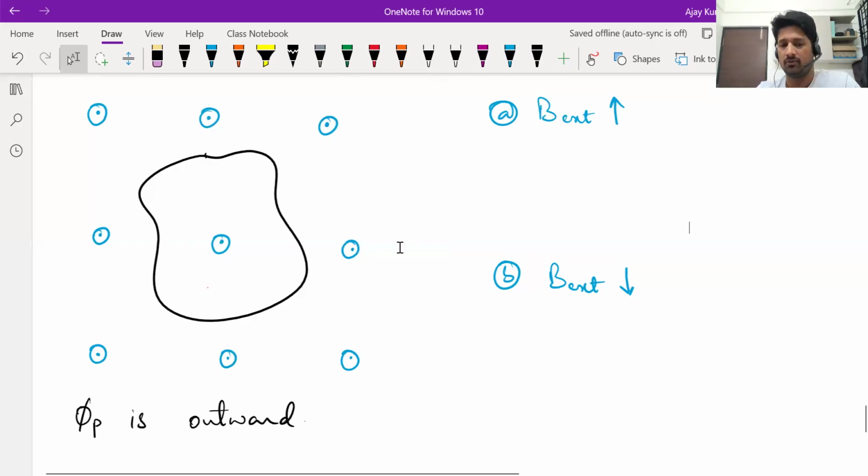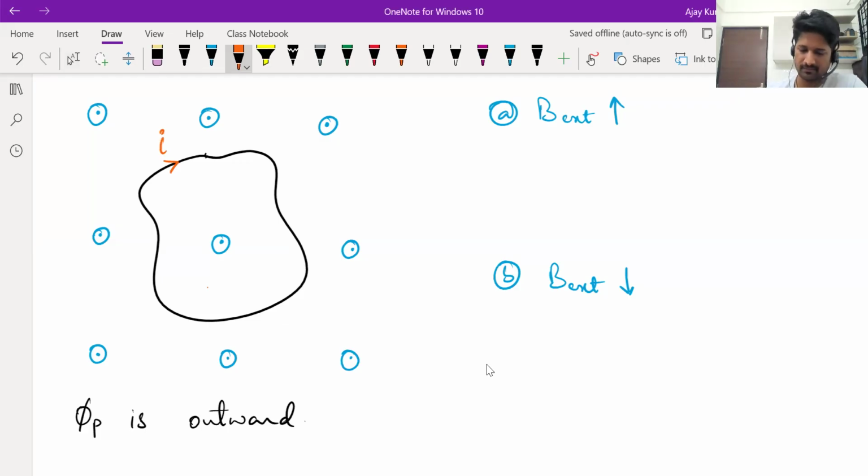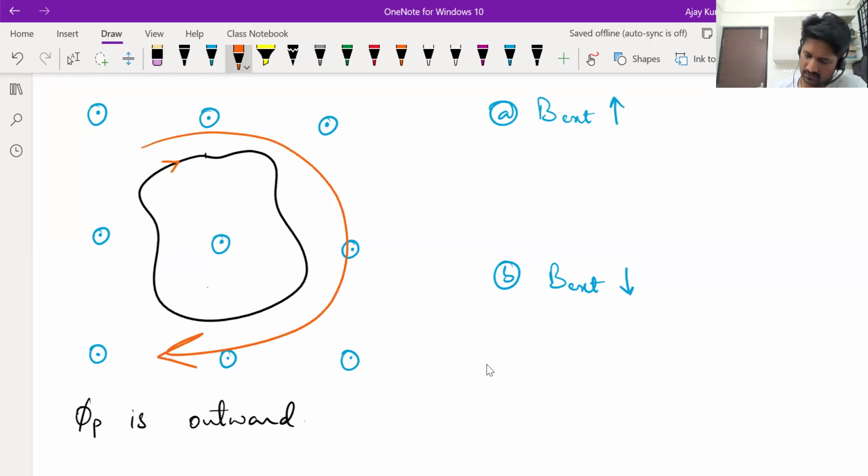So how should the current flow, clockwise or anti-clockwise? Clockwise. It has to generate an inward flux. So current should be flowing clockwise in the first case. Sir, how do you differentiate if it has to flow clockwise or anti-clockwise? I keep getting confused. See, curl your right hand fingers clockwise, along this curved arrow.